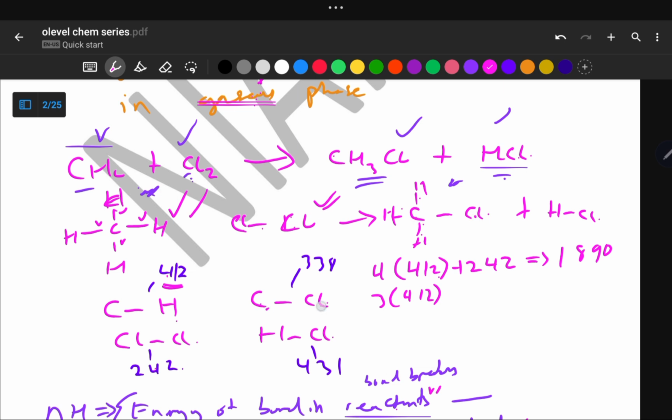So carbon to chlorine, we say this 338, and then we have this hydrogen to chlorine bond 431. So we're going to say 412 multiplied by 3 plus 338 plus 431, and we are going to have 2005, right?